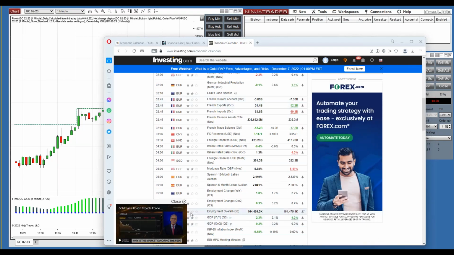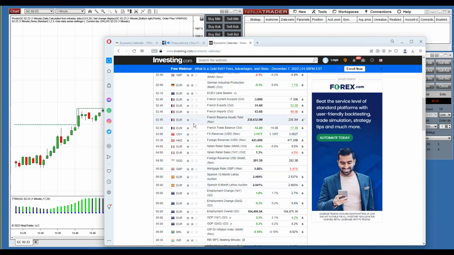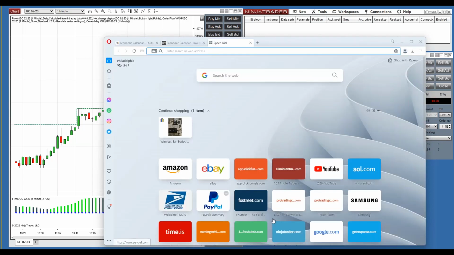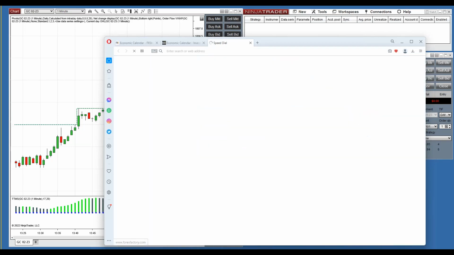Investing.com, I'm sorry, they use the stars, okay? 3 stars is more impactful than 2. 1 is mild, all right? So that's fine for them. And then Forex Factory uses the bulls, okay? 3 bulls, 2 bulls, 1 bull. It doesn't matter.